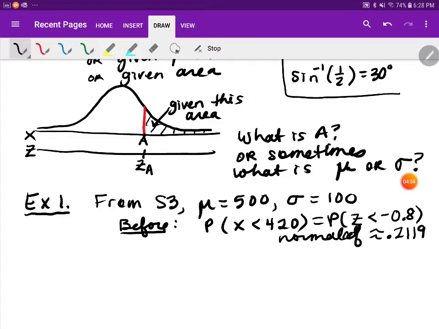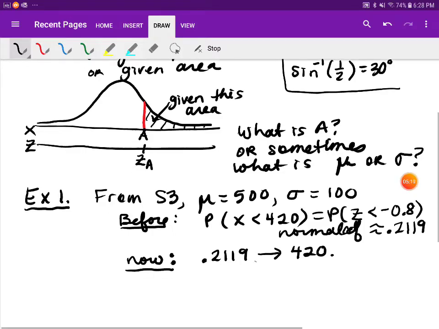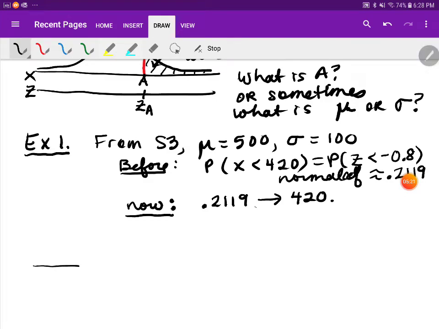So now, we're going to want to take the 0.2119 and go back and figure out how to get the 420. So that's our plan. We need to figure out how to do this process in reverse. A couple things. First of all, always draw a picture for normal distribution problems. It'll give you attack strategies to use later.